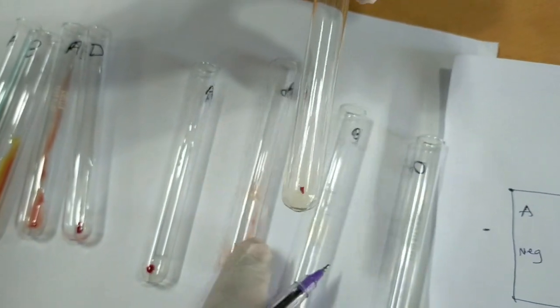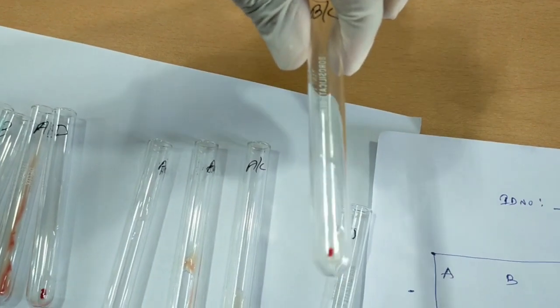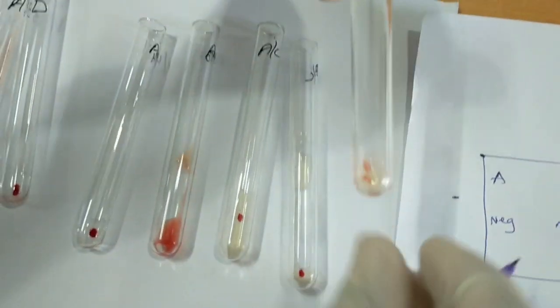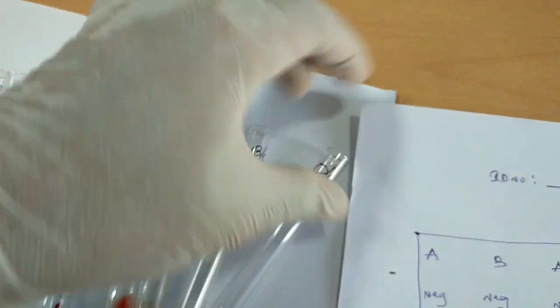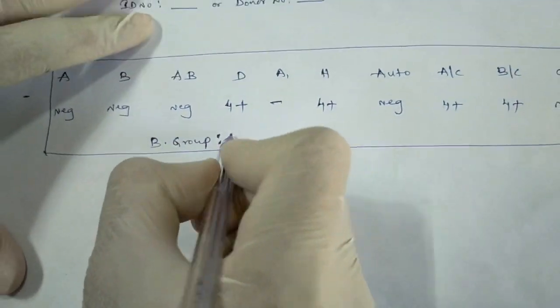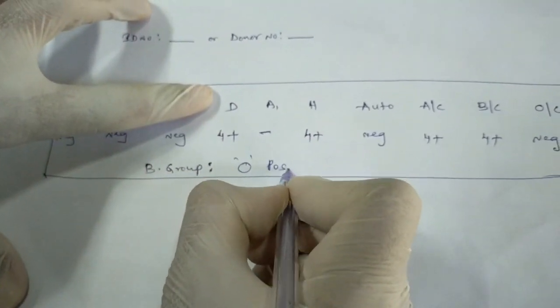In A cell, agglutination seen. B cell, agglutination seen, 4 plus. So O cell, no agglutination seen. It is negative. So final blood group is O positive.